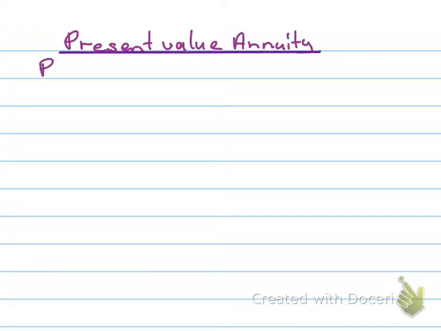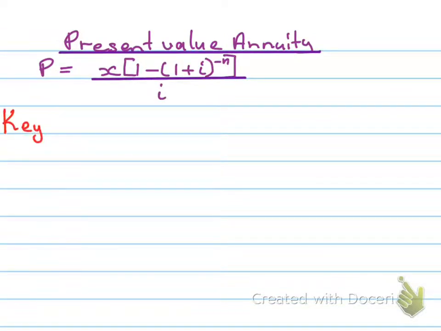Now let's look at the present value annuity formula. All these formulas, remember in our previous lesson we used sum of series to come up with these formulas. So these are summation formulas. Are we together?